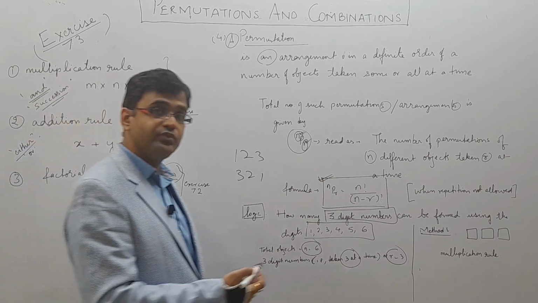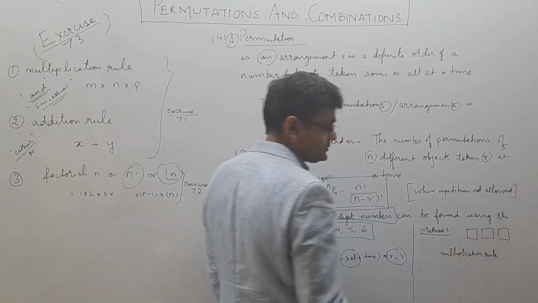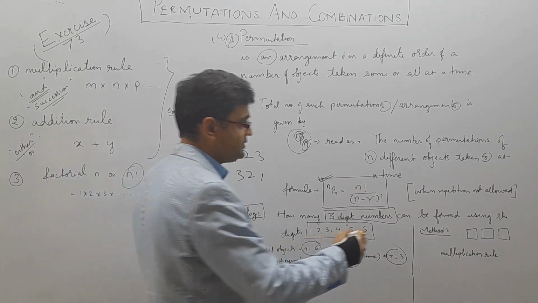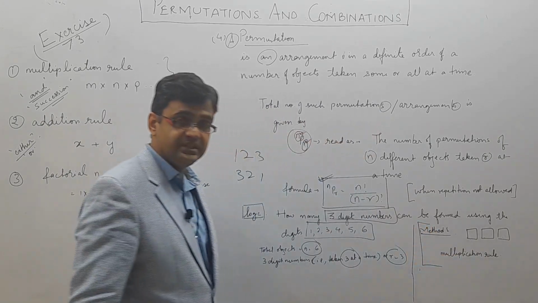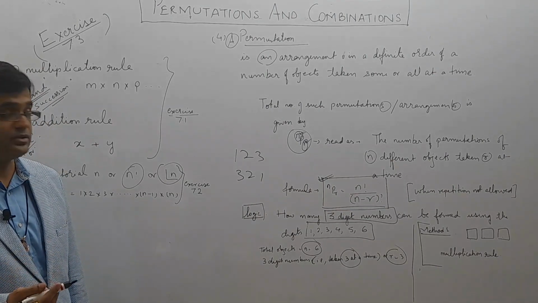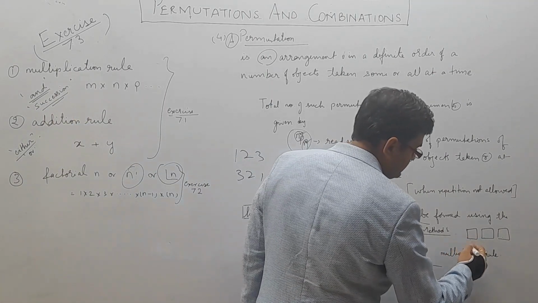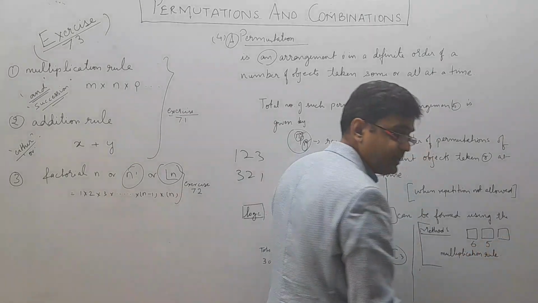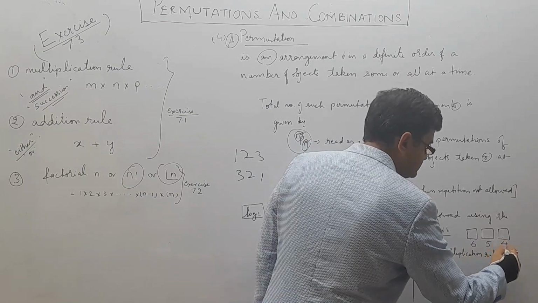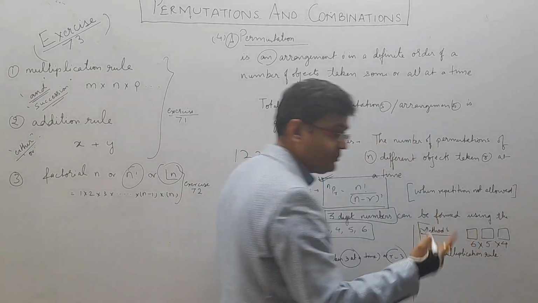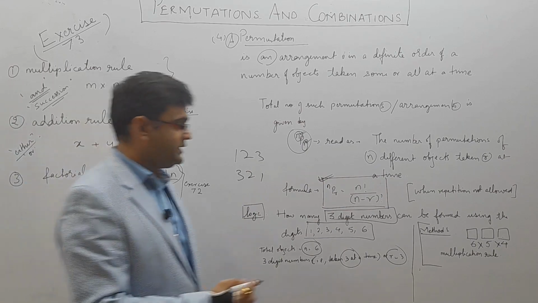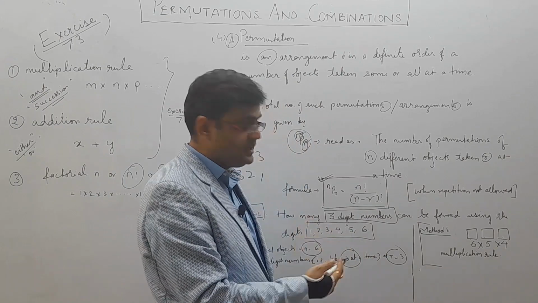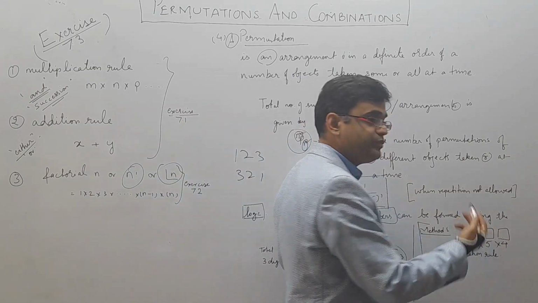That simply means filling 3 places with 6 objects. This is something that we have seen in exercise 7.1 on the multiplication rule: the first place can be filled in 6 ways, the second place in 5 ways, and the third place in 4 ways. Once the first place is filled, the second place can be filled in the remaining 5 ways, and the third place in the remaining 4 ways.